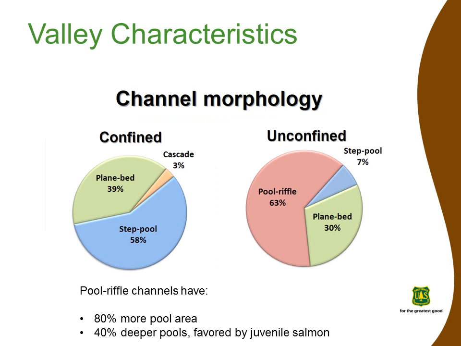The confinement of the valley is a dominant characteristic for driving pool riffle channel types, as seen in this pie chart from John Buffington's work. Unconfined channels tend to have a disproportionate share of pool riffles as compared to other channel types. These pool riffles are key habitat types for juvenile salmon.